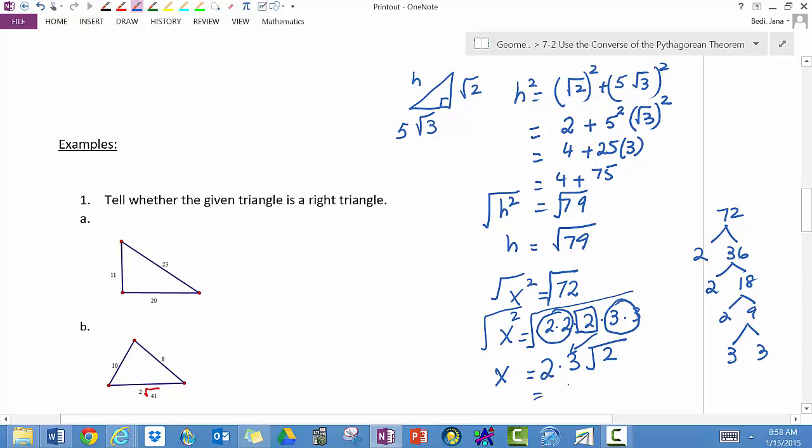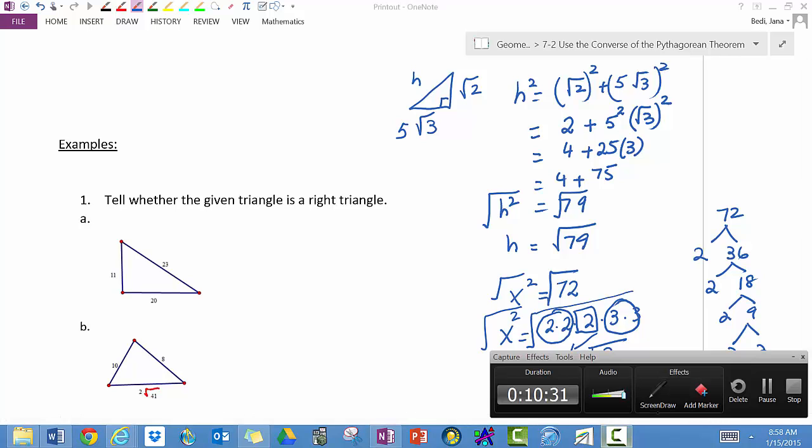So this is 6 root 2. You can check to see if your answer is correct by squaring x and squaring the right hand side, and you'll see you'll get 72 back. Okay, good luck with your problems. Remember to check the answers at the end, and show all your work when you're doing the problems. That's very important.